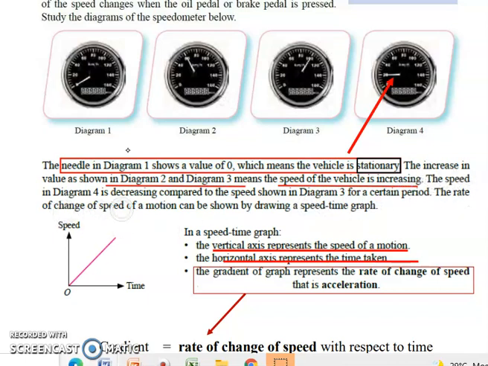The speed in diagram 4 is decreasing compared to the speed shown in diagram 3 for a certain period. So we can show the rate of change of speed of a motion by drawing a speed time graph.